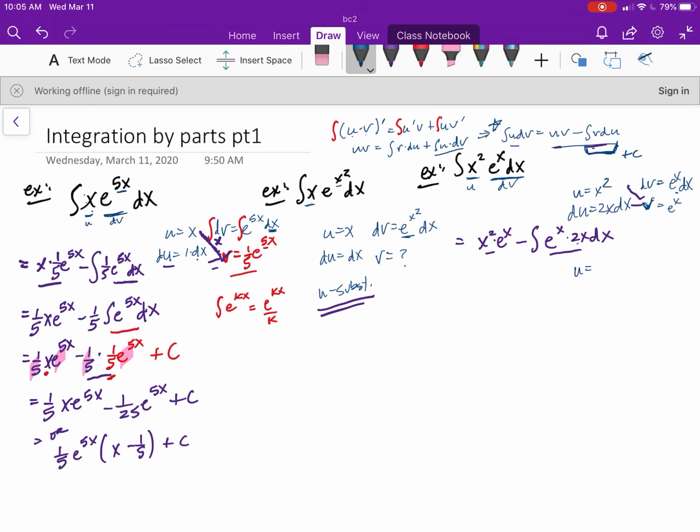So following suit, u is going to be the 2x, dv is going to be the e to the x dx. du is just 2 dx. And v, well, the integral of e to the x is still e to the x. So the formula says, again, for this part only, uv minus v du.